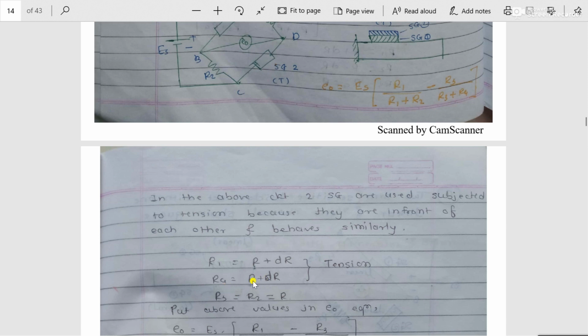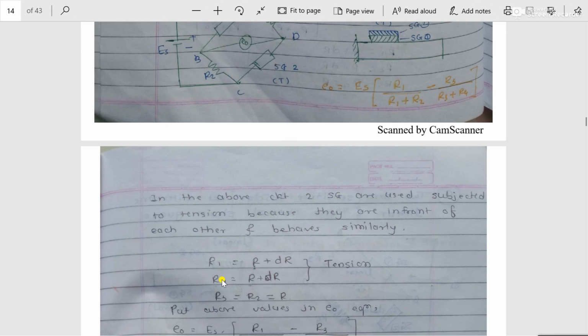Once again, capital R represents the resistance of the strain gauge before application of load, delta R represents the change after application of load, and the plus sign represents that strain gauge 2 is subjected to tension. If you go through the figure, R1 and R4 both behave similarly, meaning both are subjected to tension.